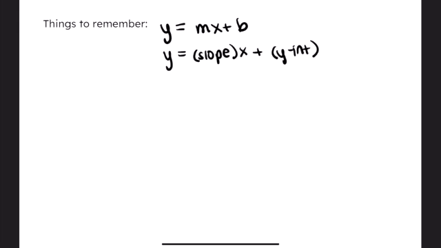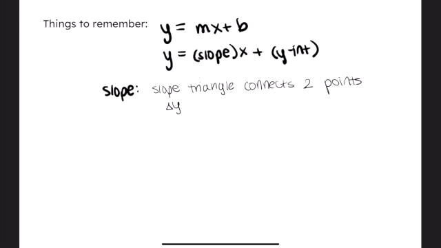To find the slope, we used what we call a slope triangle to connect 2 points. And we looked for the vertical change, the change in y, and compared that with the horizontal change, the change in x.